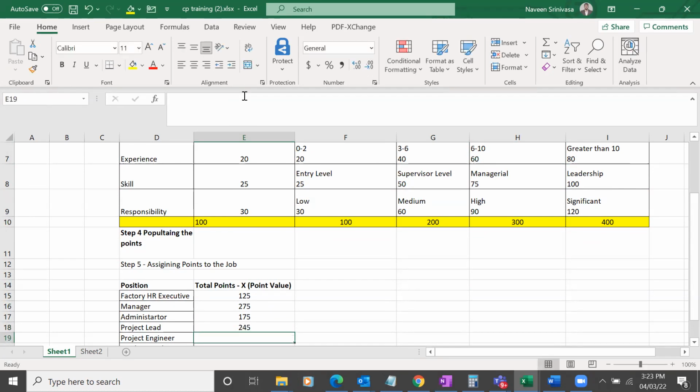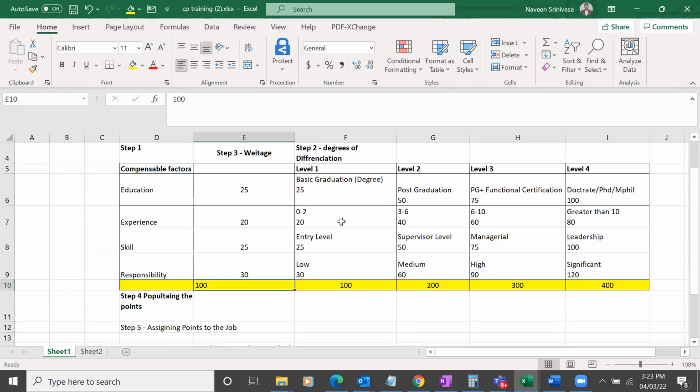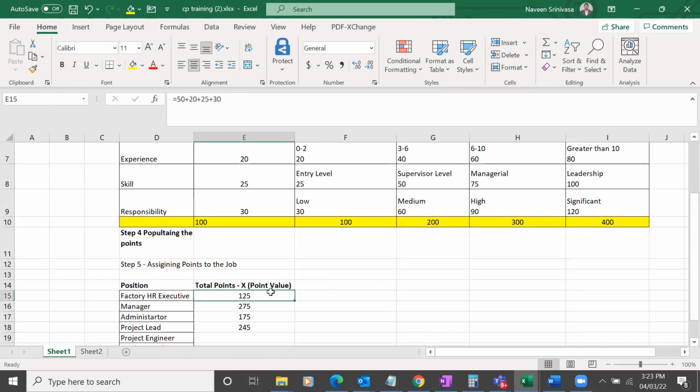Okay, project engineer. Engineer should be at par with executive. It's a junior-most position in IT. You can just copy the 125 scoring part. Yeah, so I think 100, 125 should be good to go.